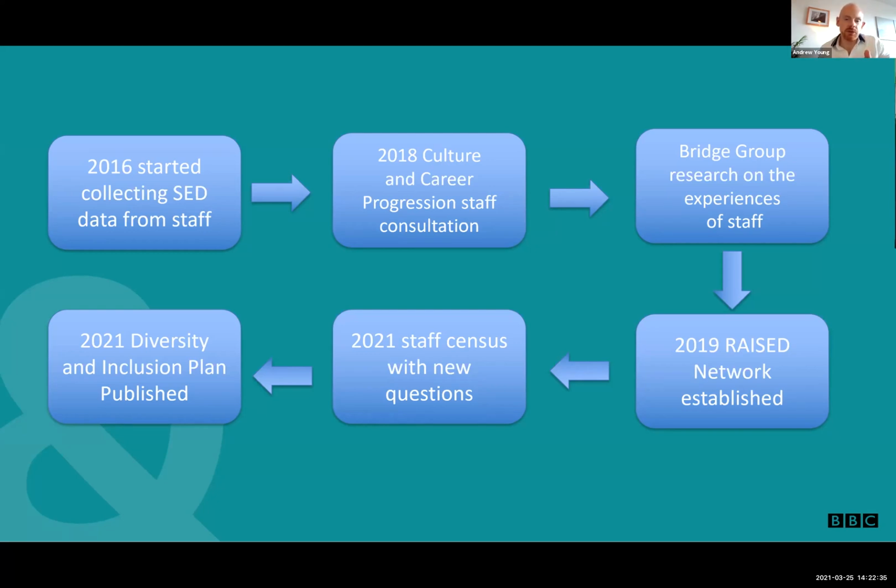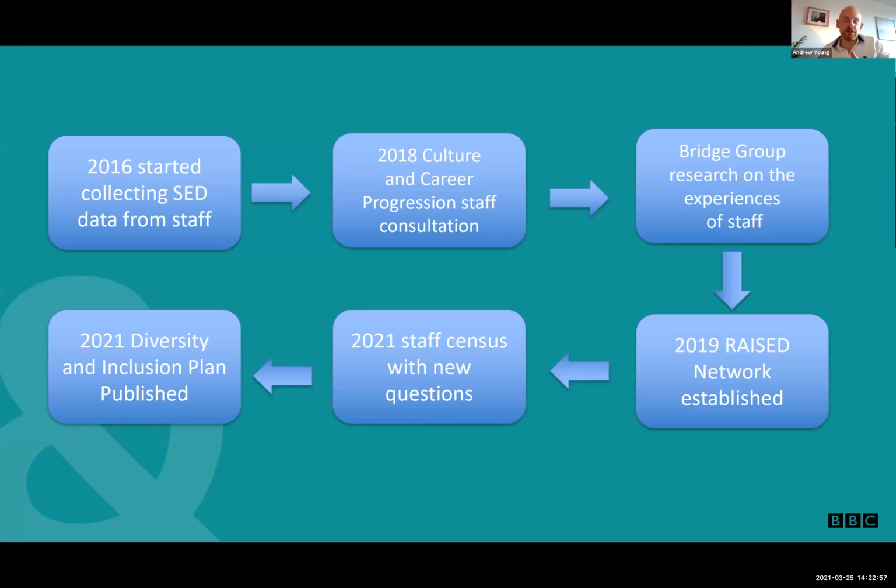But crucially, obviously, as we all know, the BBC's funded by everybody. It is there to serve the audiences across the nations, regardless of their background. And so we needed to do more in order to make sure that our workforce reflected the nation and the audiences that we were serving.